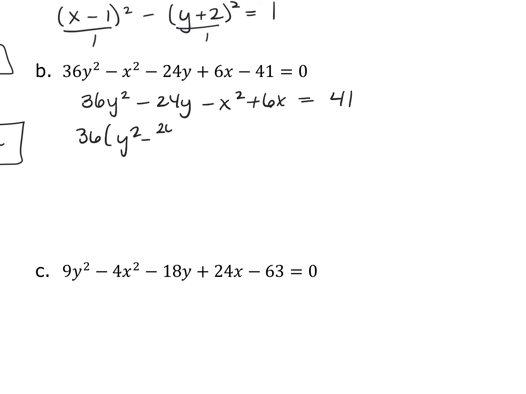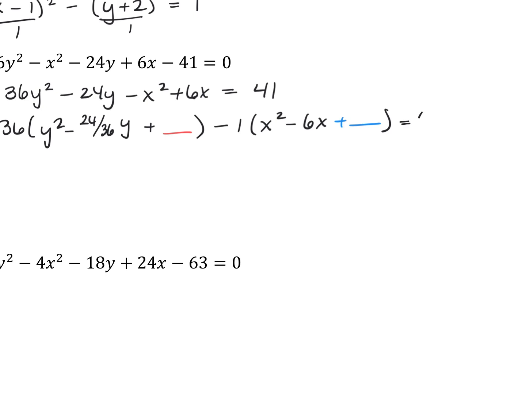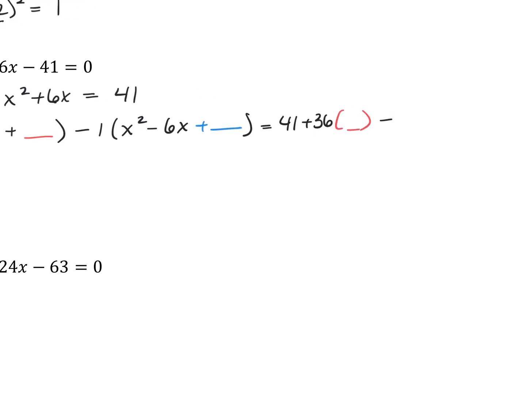We're going to have 24 over 36 y plus something, minus 1 times x squared minus 6x plus something is equal to 41, and then it's going to be plus 36 times this first blank, and then minus 1 times that second blank.